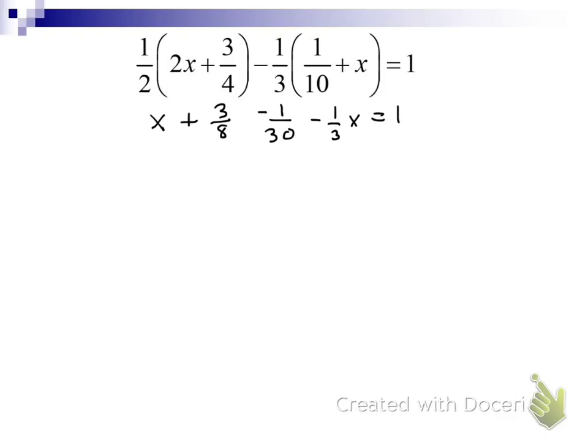Does everybody have that as your first step? Okay, now put parentheses around the entire problem. Let's clear fractions by multiplying by the least common multiple of 30 and 8. Is it 120? I think it's 120.